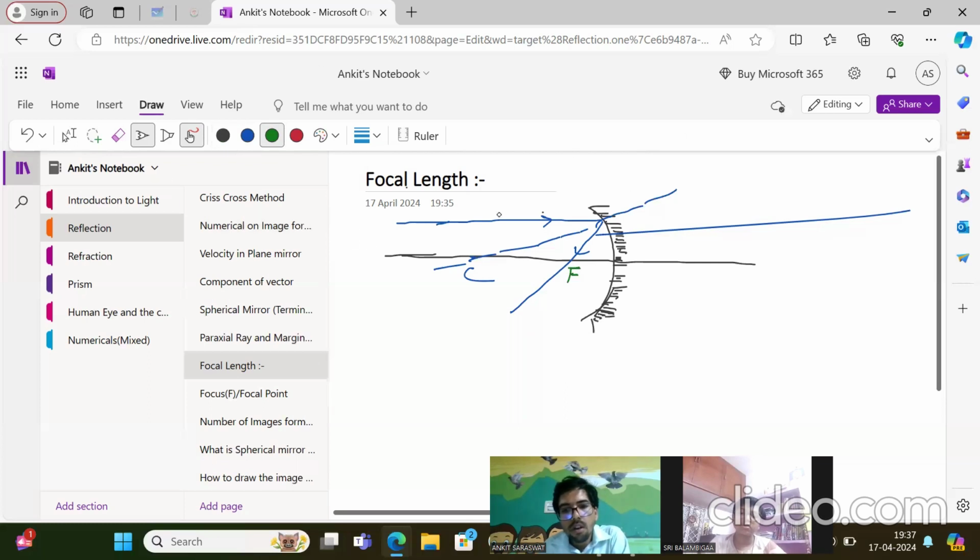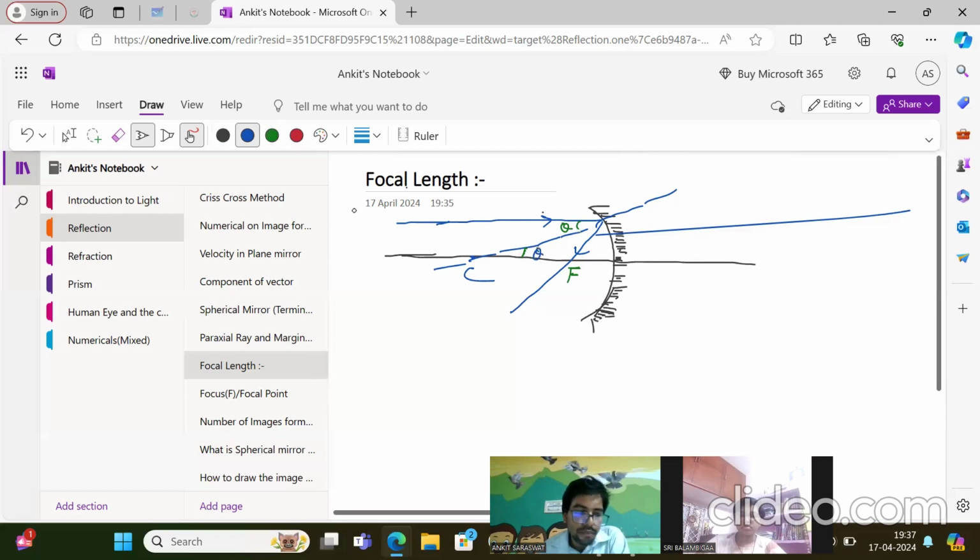This angle is theta. Then how much is this? If this is theta, then this will also be theta, because these two lines are parallel and alternate angles are equal.